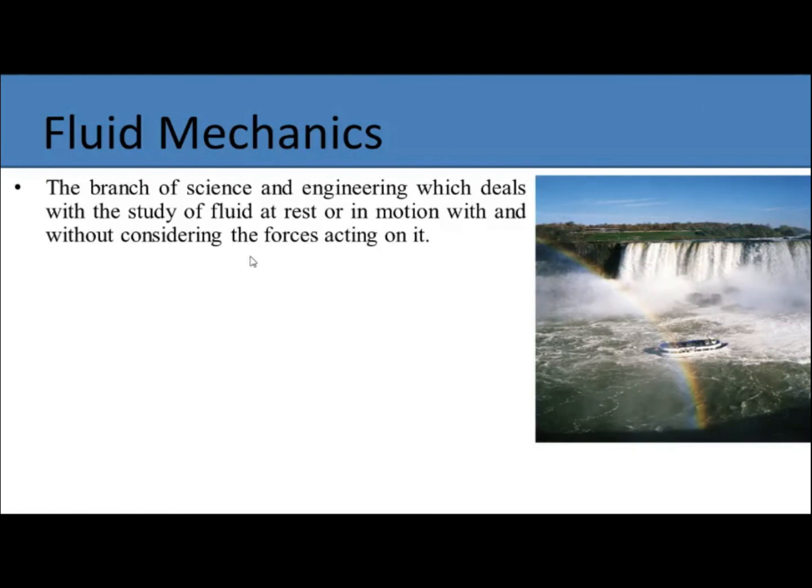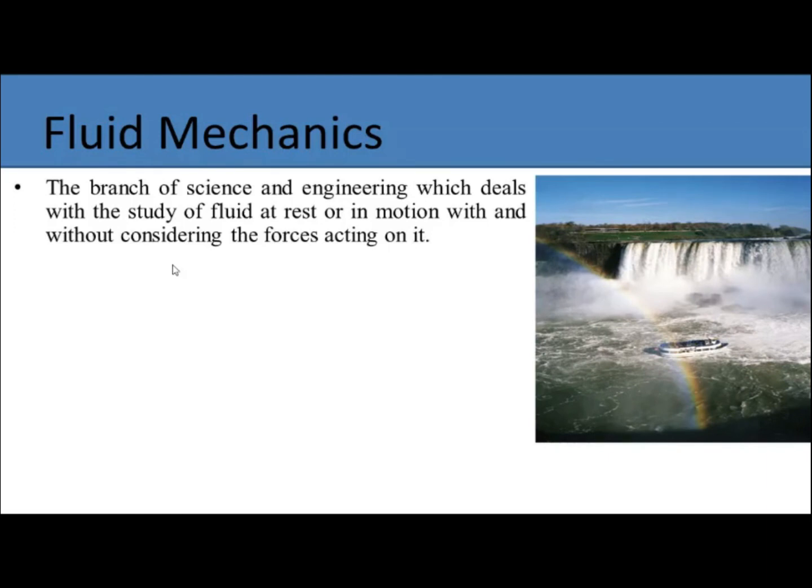What you learn in mechanics is a substance at rest or in motion, with and without considering the forces. So mechanics means dealing with the fluid at rest or in motion. Now here in kinematics we will not consider the forces, but in dynamics we will consider the forces.